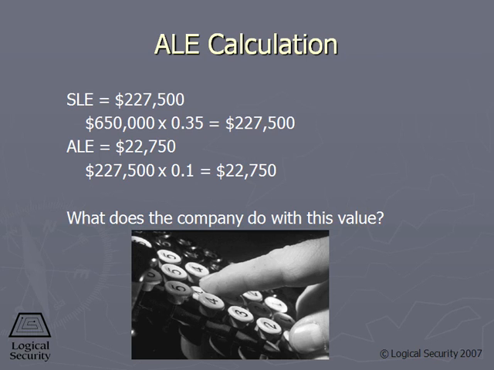We think 35% damage is going to take place. So we come up with the $202,700. Now, we think that's going to happen once in 10 years. Would that be 1.0? No, 1.0 is once in 12 months. So we multiply our SLE times the ARO, and we get the ALE. So what this means is we're not going to spend over this amount of money to protect this facility from a tornado.